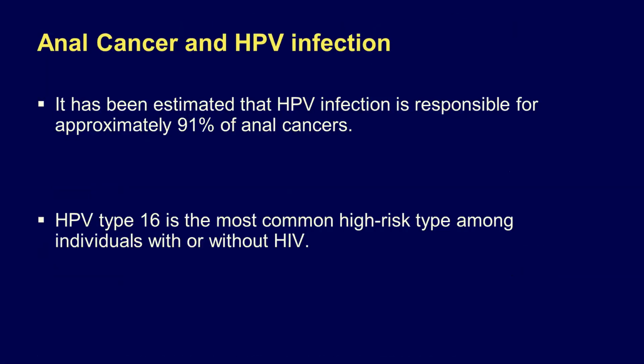And here's where the mention of human papillomavirus infection is important, because what we found is that 91% of anal cancer has HPV infection, and HPV is involved with the development of this cancer. Within the HPV subtypes, type 16 is the most common found in patients with or without HIV.